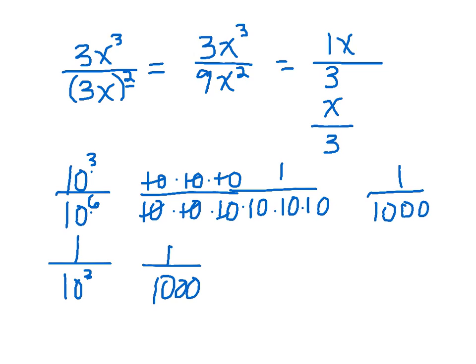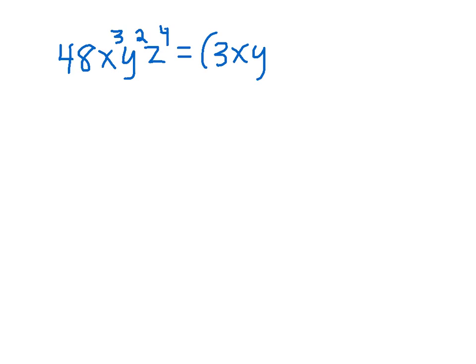The final kind of problems that are in your homework tonight say find the missing factor. Usually I find the kids find this very intuitively easy to understand. 48x to the 3rd y to the 2nd z to the 4th is equal to 3xy squared times what? They say find the missing factor. Oh, actually, there's a z in here.